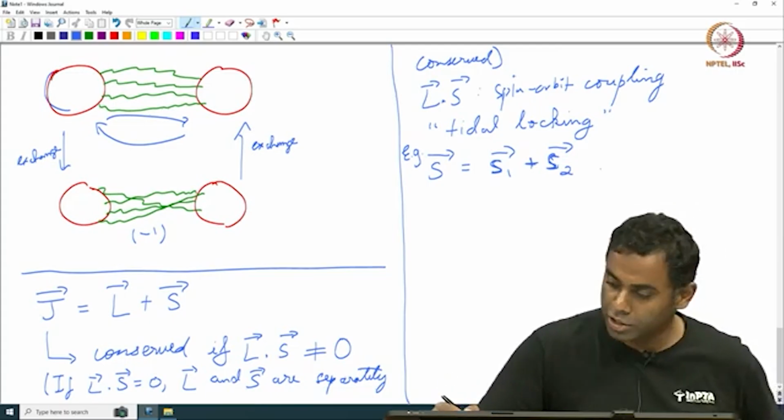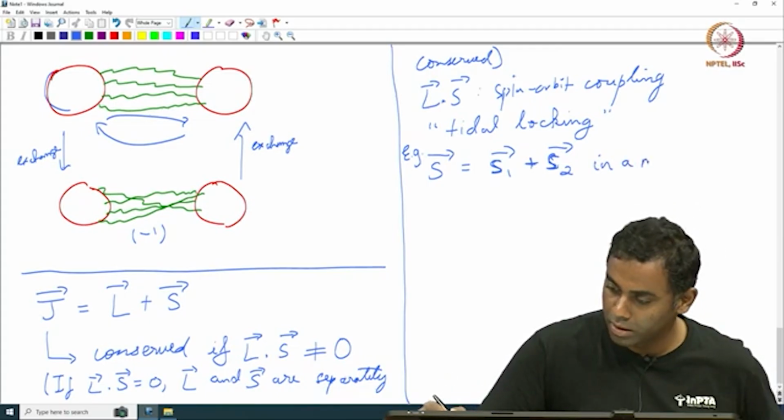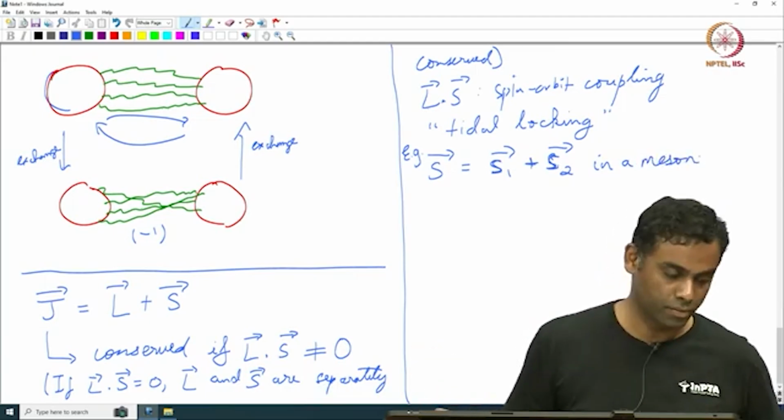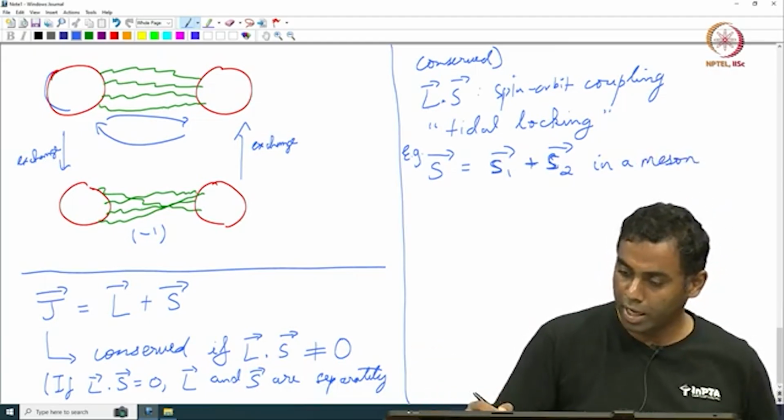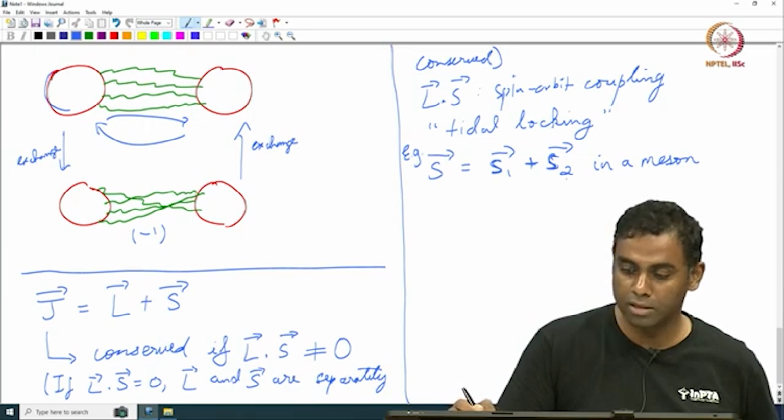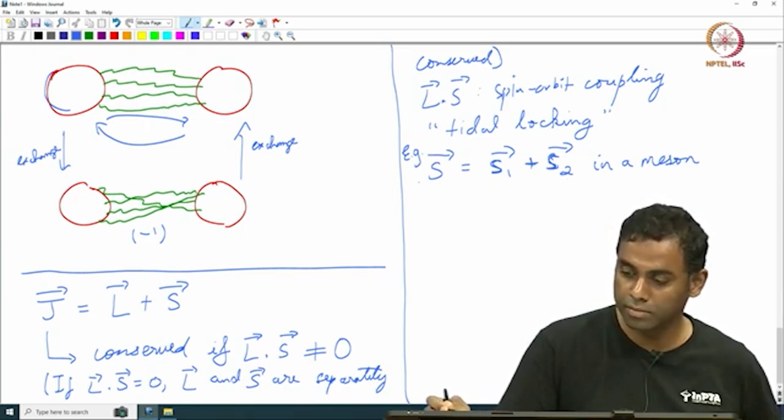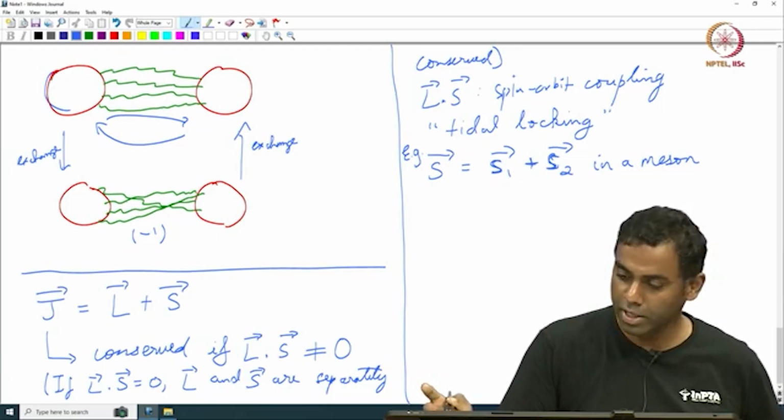So, in a meson for instance, right, I have two spin half particles, and if I add them up, what is the total spin that I should get? It is not always 1, correct.